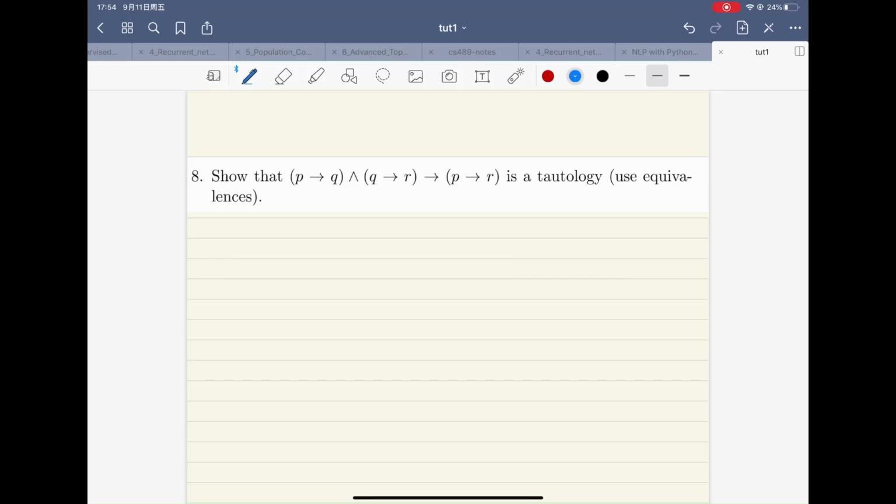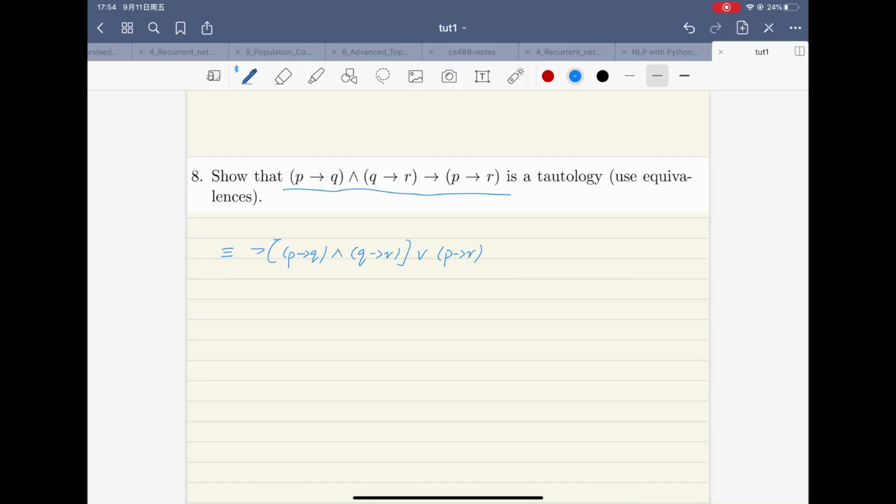We have to use logic equivalence to eliminate all the implication. So first, by implication equivalence, this statement is logically equivalent to: not (P implies Q) and (Q implies R), or P implies R.